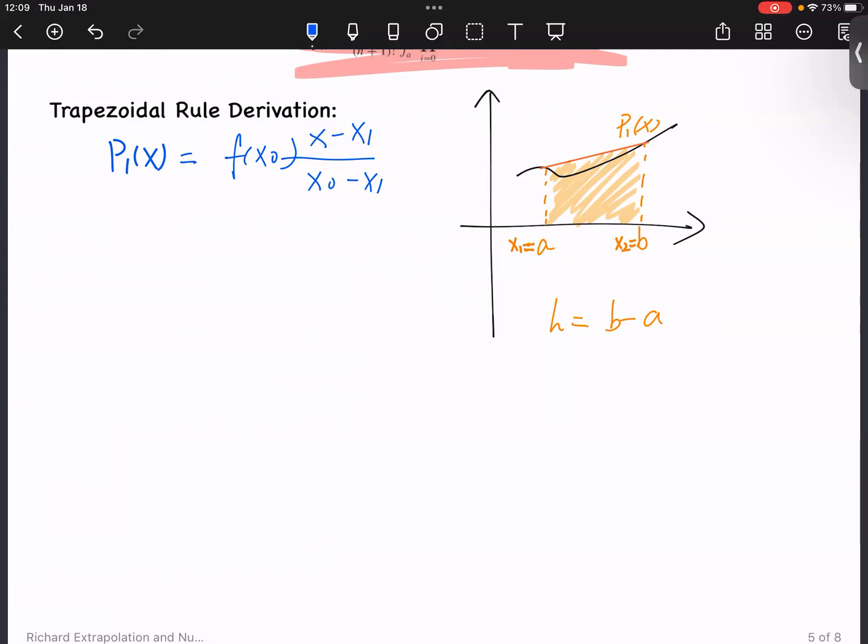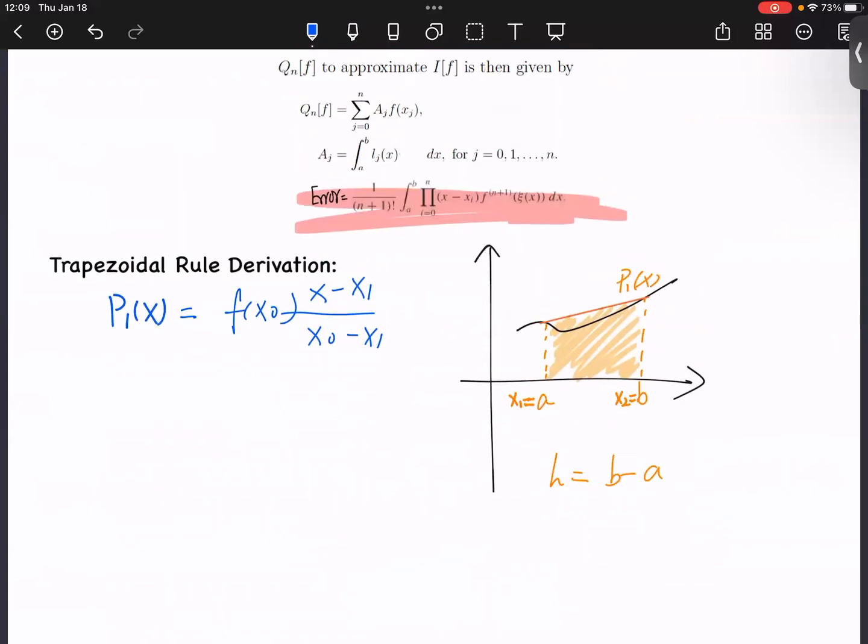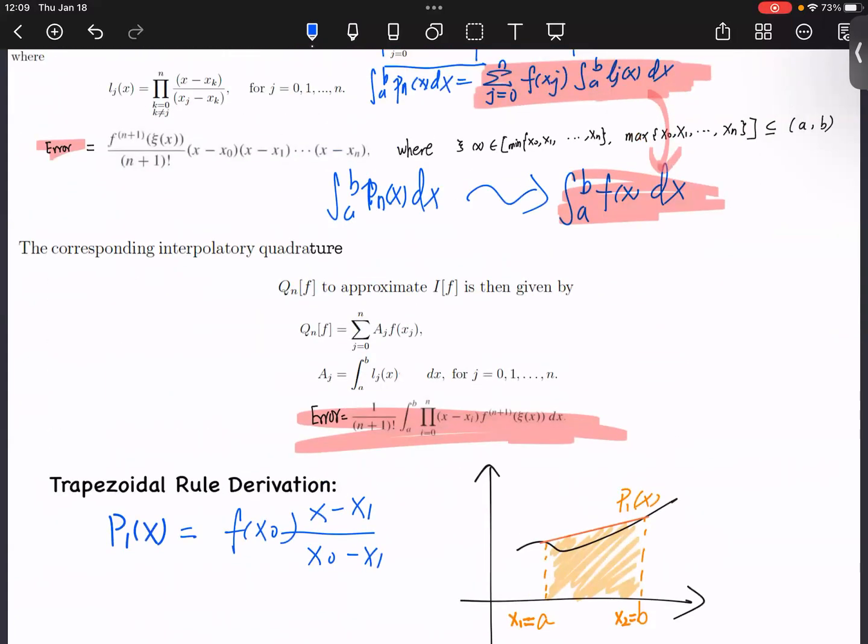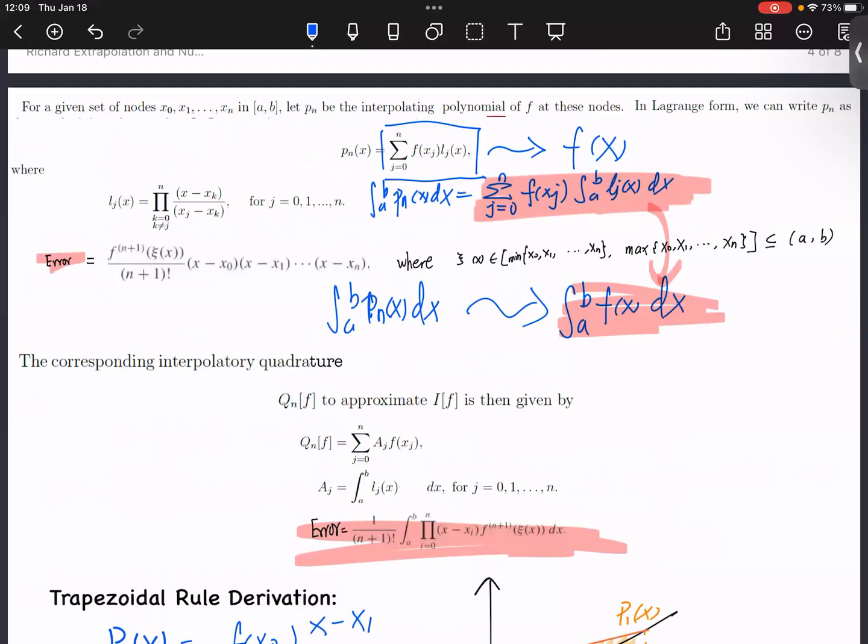And you would need to take a look at the formula for the Lj(x) here. With n equal to 1 here, I'm pointing to this one.